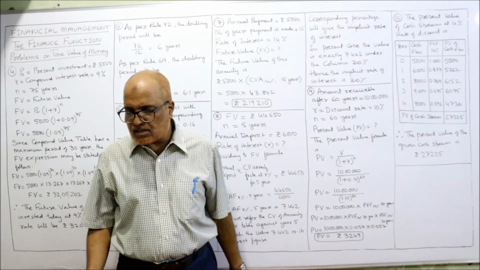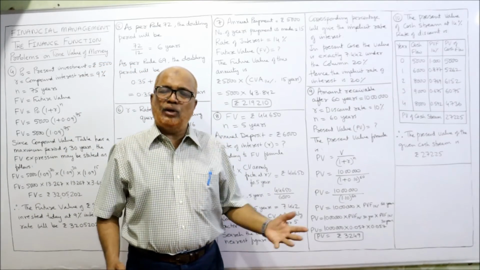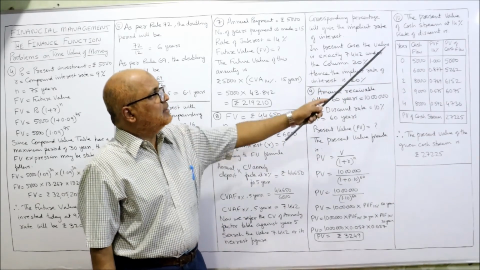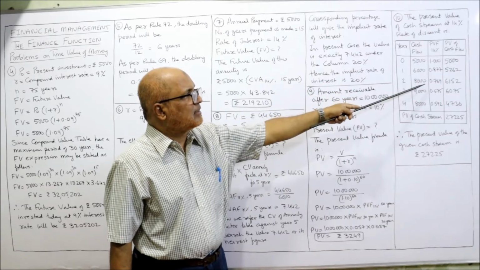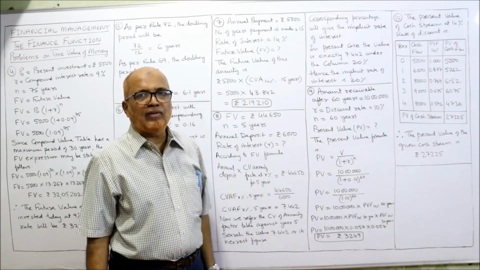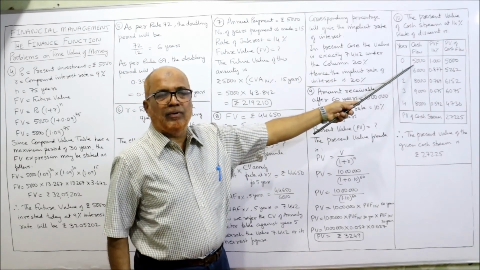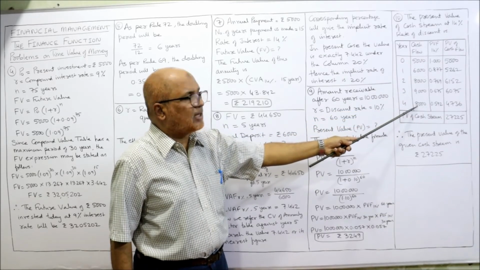Now the rate of discount is given as 14%. We need the present value. So easily, by making a table, we can find the present value. In this table: year, cash flows, present value factor at 14%, PV of cash flows. Year 0 cash flow is 5,000, first year 6,000, second year 8,000, third year 9,000, fourth year 8,000, as given in the problem.